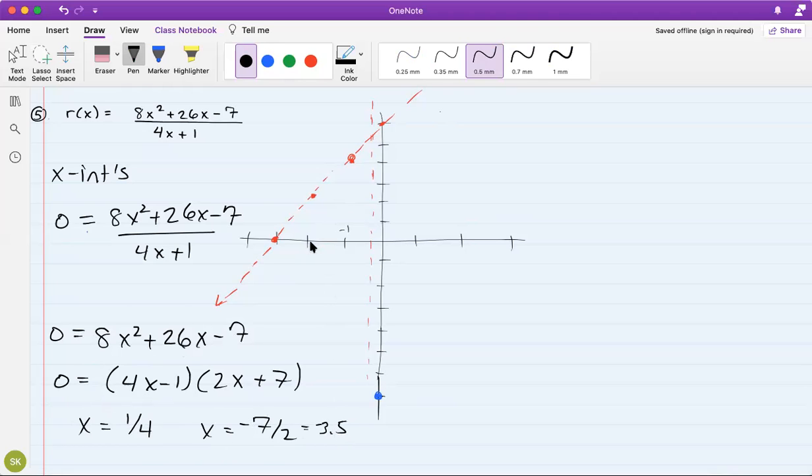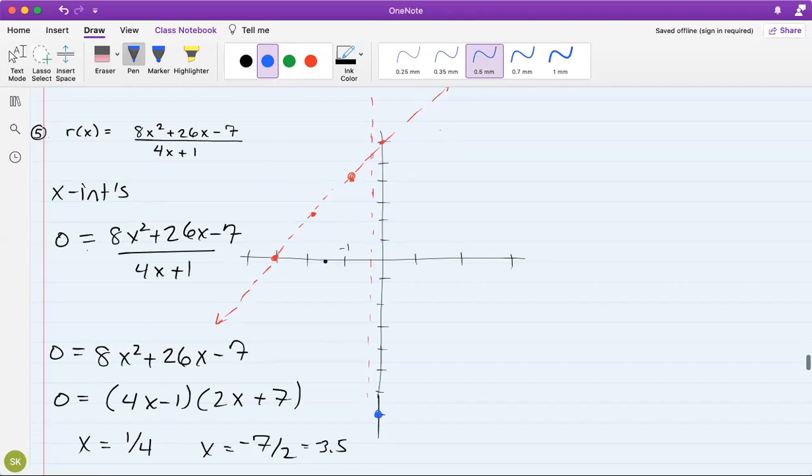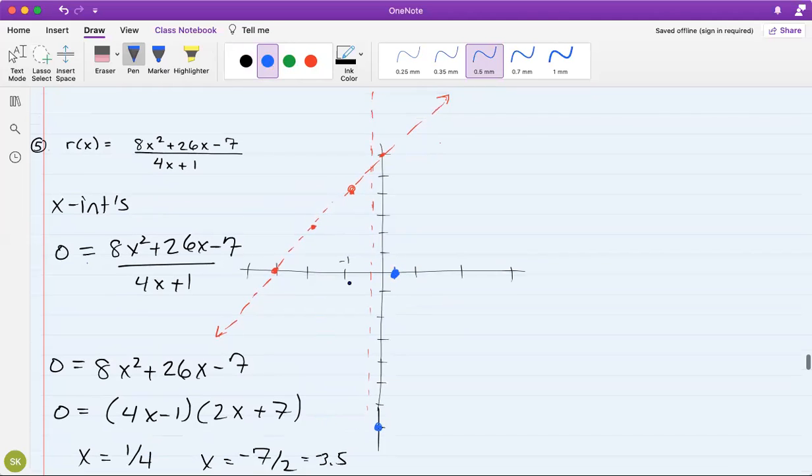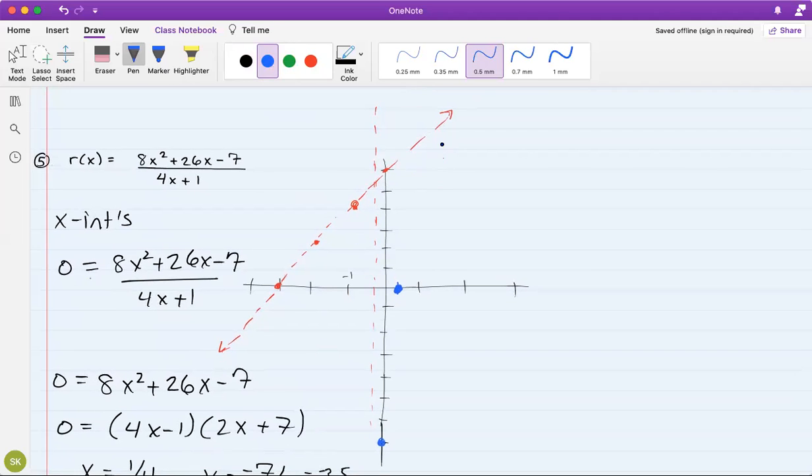Those are our x-intercepts. So let's put dots at 1/4. So 1/4, if this is 1 here, 1/4 is like the mirror image of this one. So we're going to have a dot right here at 1/4. And also at -3.5. So you have to be careful here.